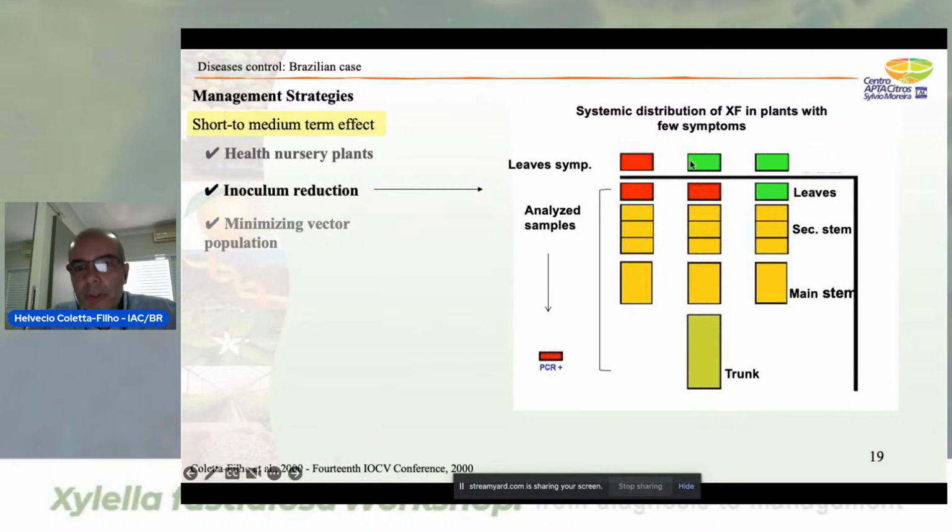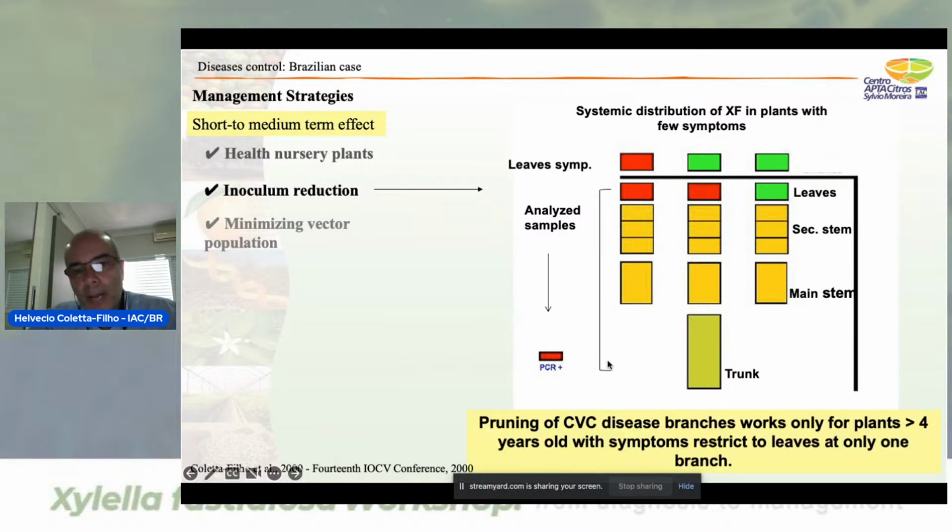Talking about inoculum reduction, in a paper published a long time ago, you can see that the best situation to do pruning in sweet orange plants with CVC is when just a few leaves with symptoms are present in the branch, and you cut the branch almost, I can't remember the exact number, about 20 centimeters below the symptomatic leaves. Also, this applies to plants older than 4 years.